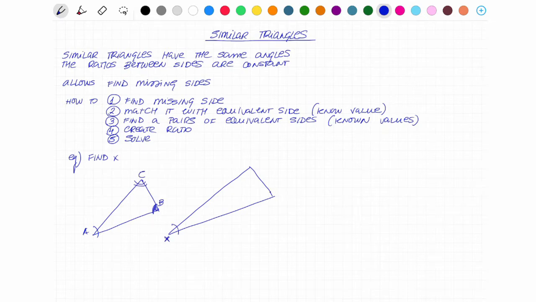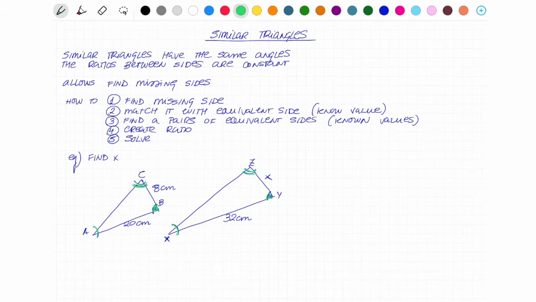They asked me to find the x, and this is what they give me. Okay, the first step is identifying similar triangles. Now in this case, because I've got the angles matching with symbols, they're telling me that they are actually the same value, even if they're not giving me which is that value.